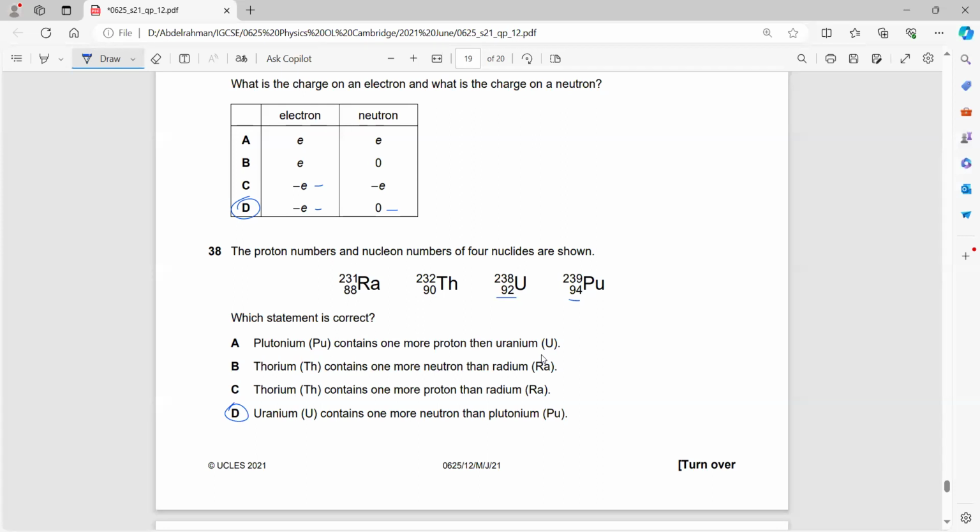All we did was 238 minus 92, and for this one 239 minus 94. This would definitely give a difference of 1.